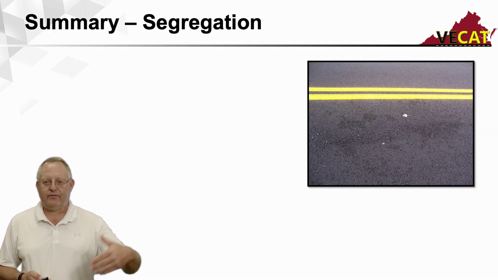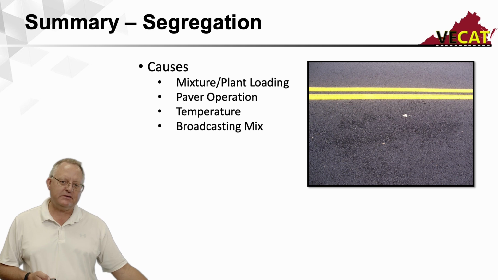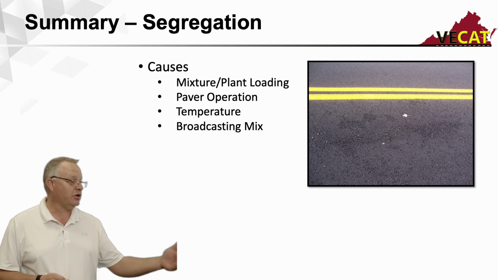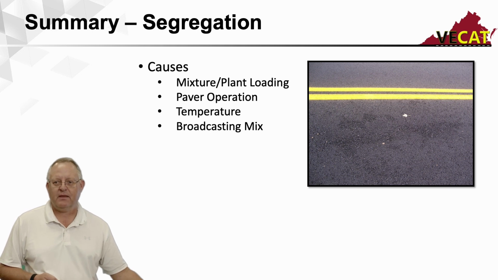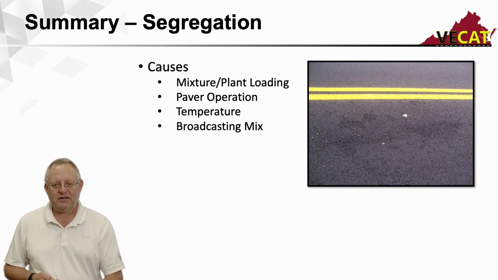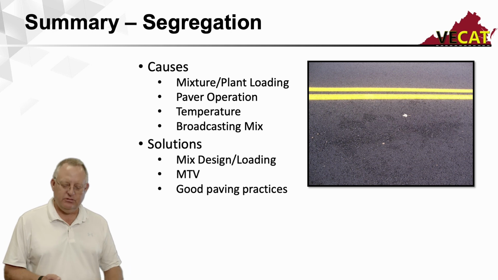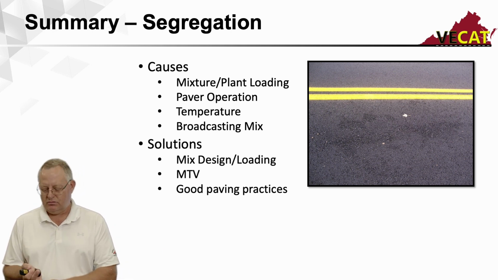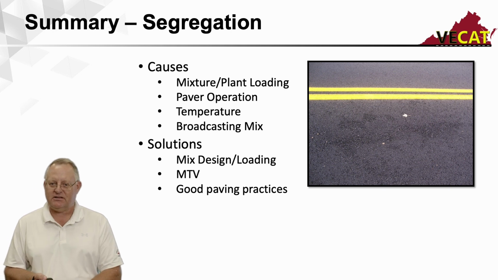So to summarize, what are the different causes of segregation? It could be all the way at the plant, it could be the paver operation, it could be too cold, it could be temperature, it could be broadcasting the mix, too much handwork. Solutions: the mix design can be the issue, the plant could be the issue, getting it fixed.